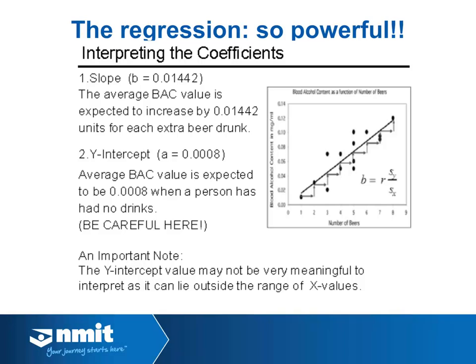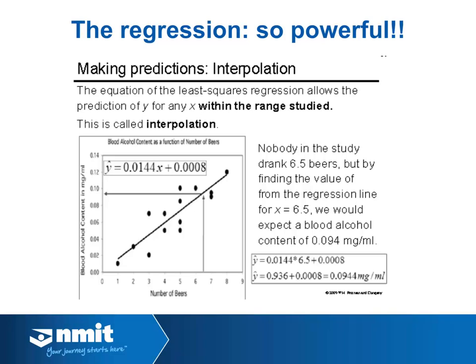Alright, so that's called extrapolation, when you're using a model to make predictions outside the original data set. That's fraught with danger. A more sensible thing to do is interpolation, which is predicting values of y for values of x within the range of points used to derive the model itself.